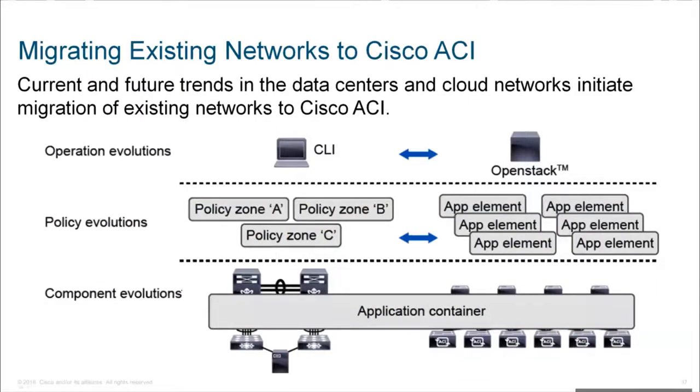So how do you migrate your existing networks to Cisco ACI? It could be for any of these reasons. Maybe your company's operation is going through some evolution, moving away from command line to some kind of orchestration.